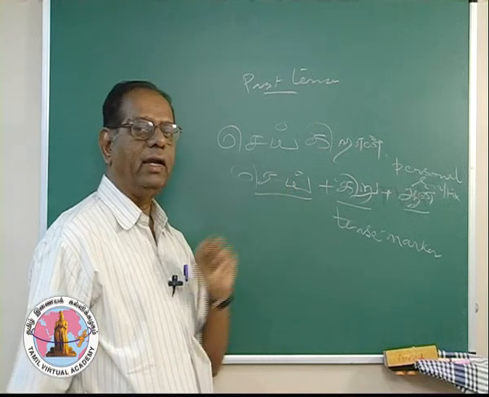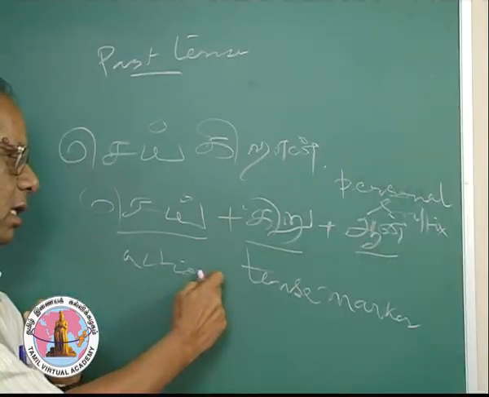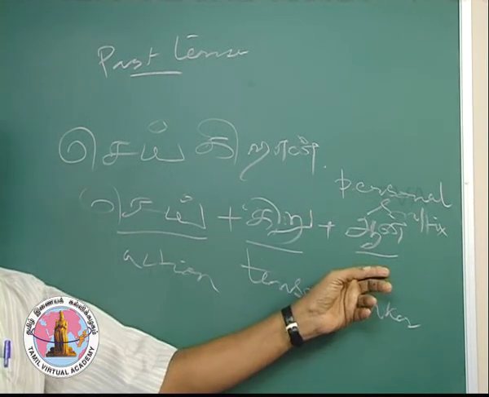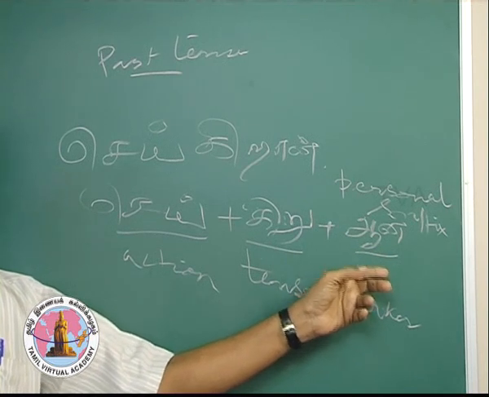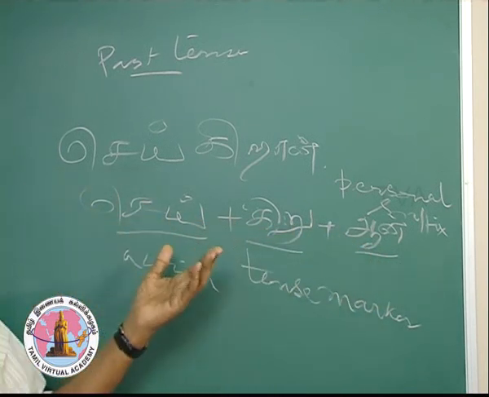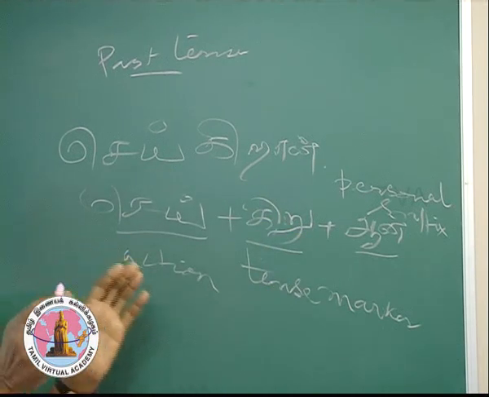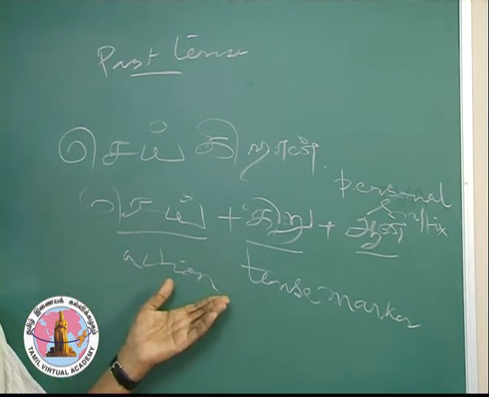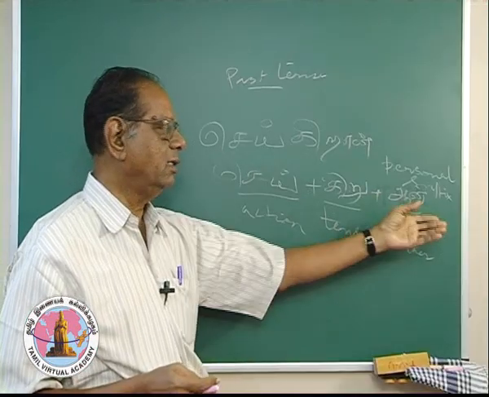So, here you find action, present tense, and this ஆன் gives you third person singular masculine. So, a finite verb must have three components, three parts, and they are the action part, the tense part, and the personal part.